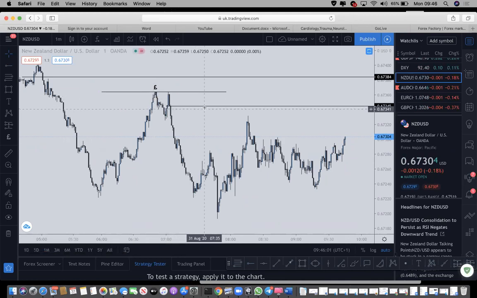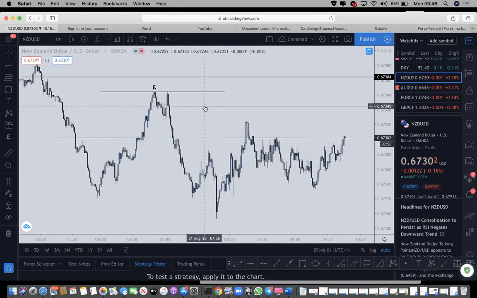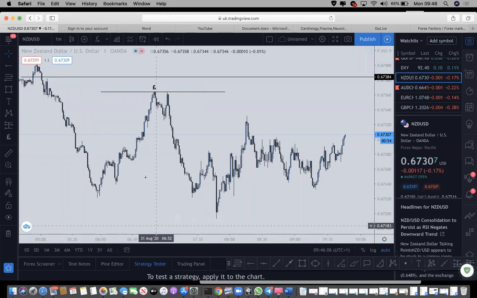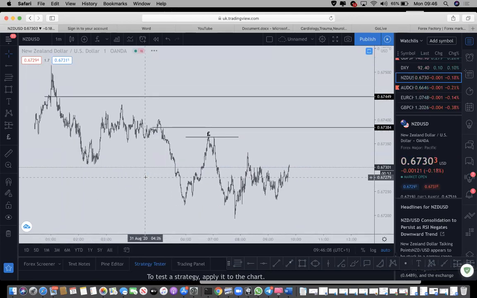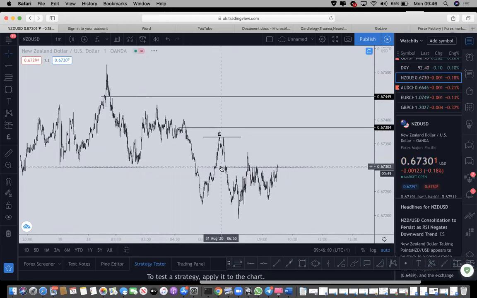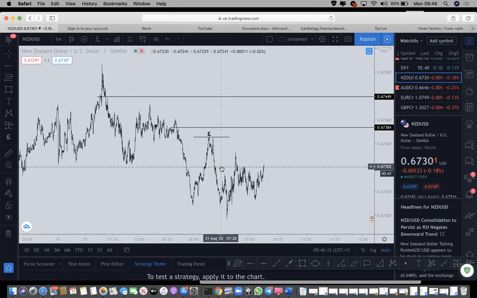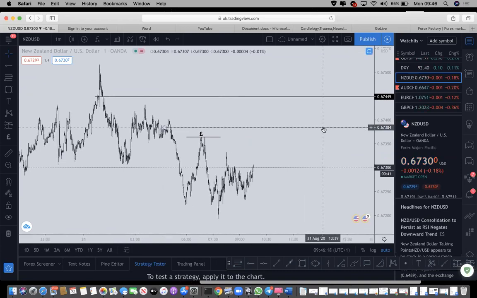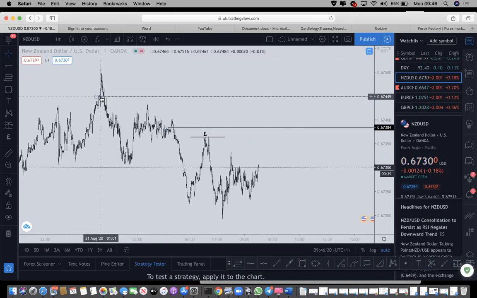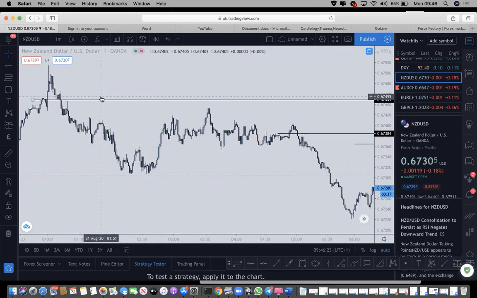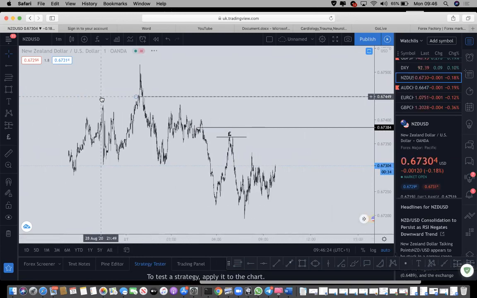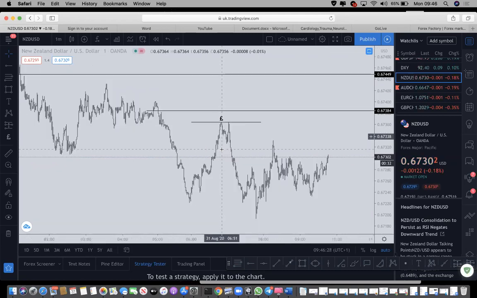So I'm going to stick with taking AUD USD because this one does not look clean to me. If I really want to enter this market right now, my best shot is going to be here.